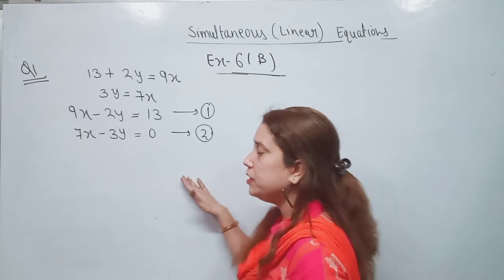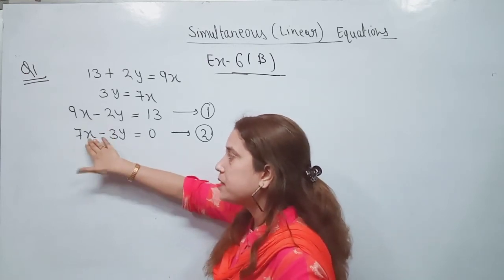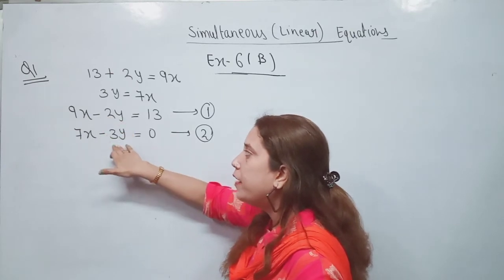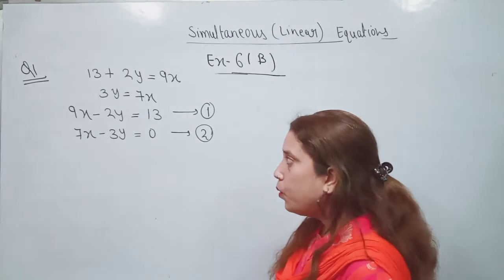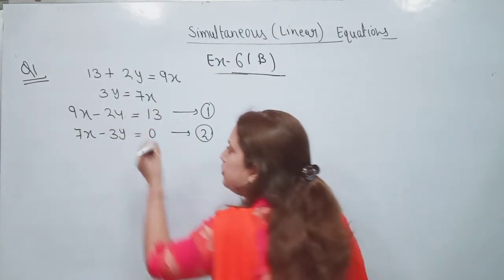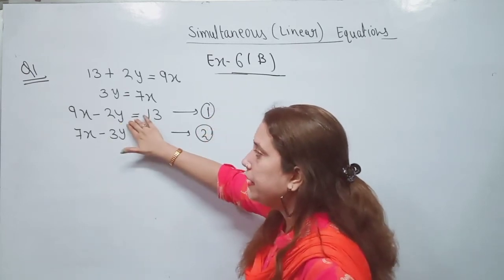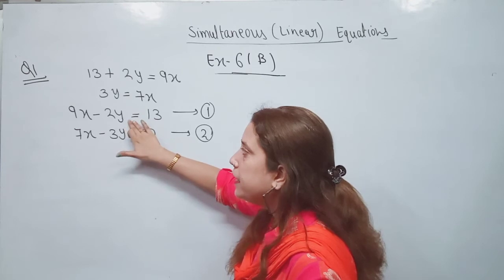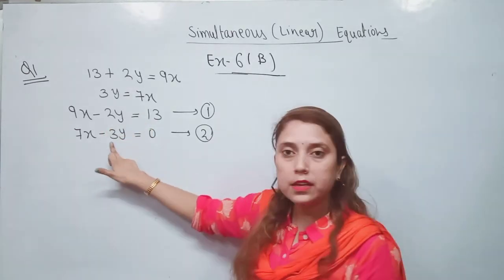By equating the coefficient, now we make the coefficient of x or coefficient of y become the same. Okay, how? Here I am solving for y. Here the coefficient of y is 2 and here the coefficient of y is 3.